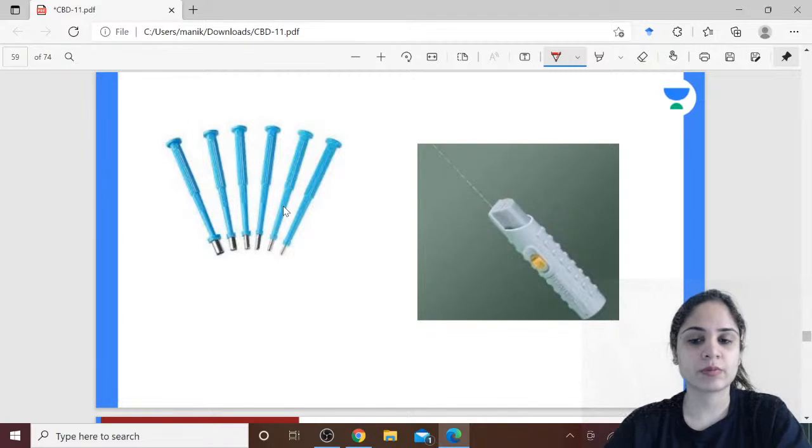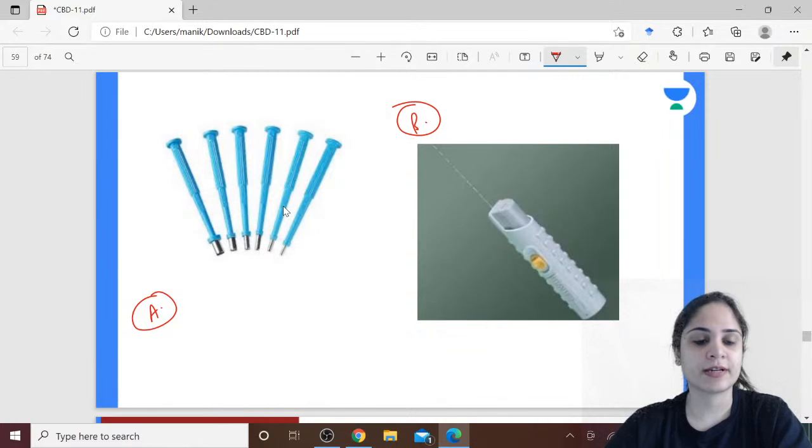Identify both of these instruments used for taking biopsy. What is A and what is B? Most common parotid tumor that we see is pleomorphic adenoma.